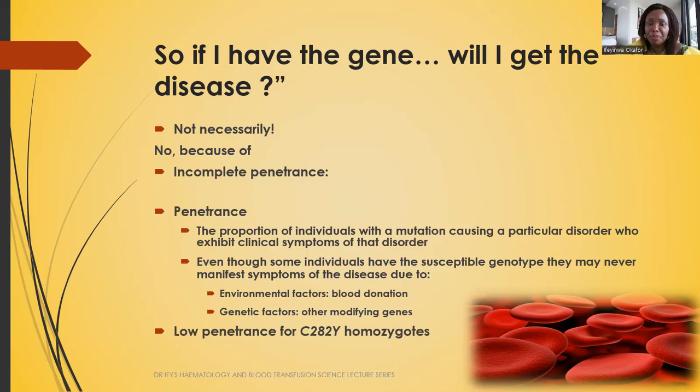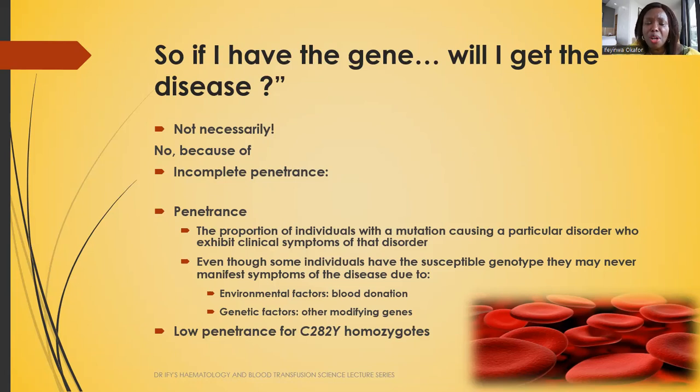This is because of what we call incomplete penetrance. Penetrance is the proportion of individuals with a mutation causing a particular disorder who exhibit the clinical symptoms of that disorder.